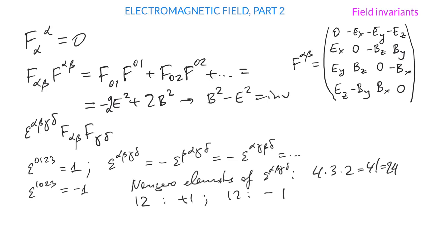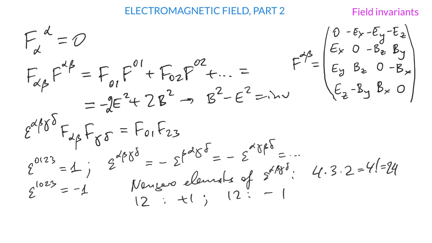Now, in this sum that we wrote, we need to figure out how to do the summation. Let's focus on the sum over alpha beta. Once we pick the alpha and beta in the first factor, the gamma and delta in the second one are uniquely determined by the fact that alpha, beta, gamma, and delta should all be different. So we'll have terms like F01, F23, and so forth.